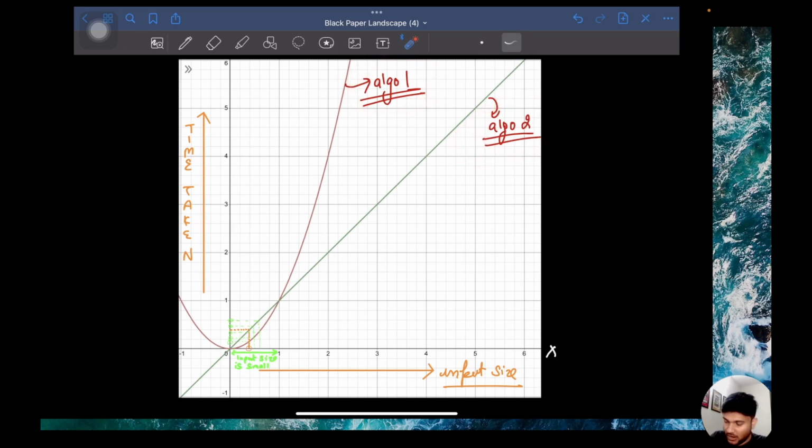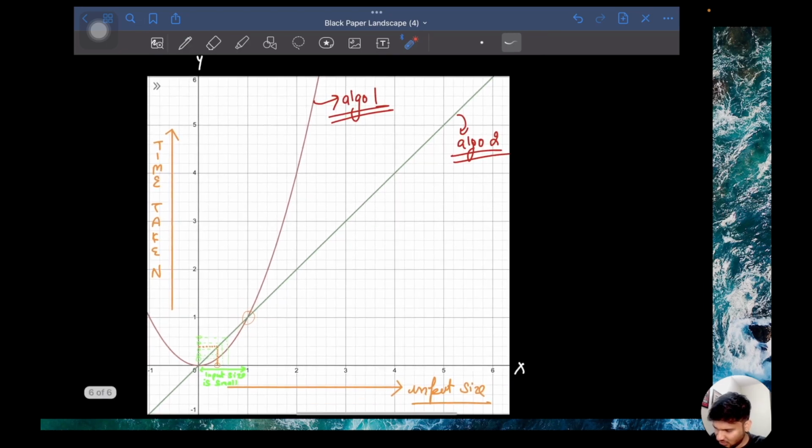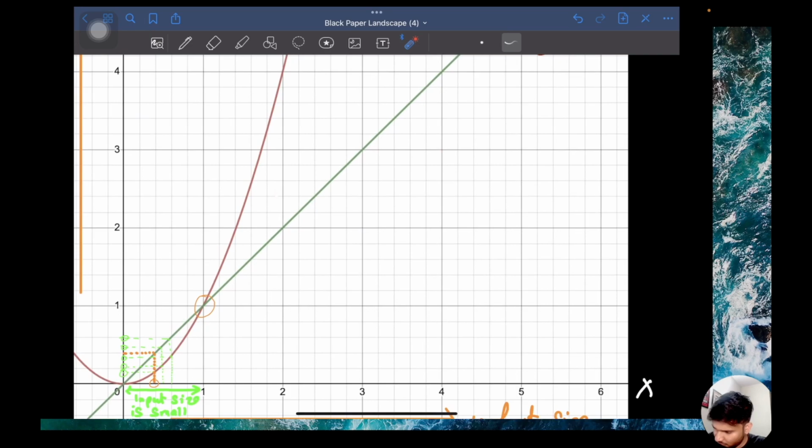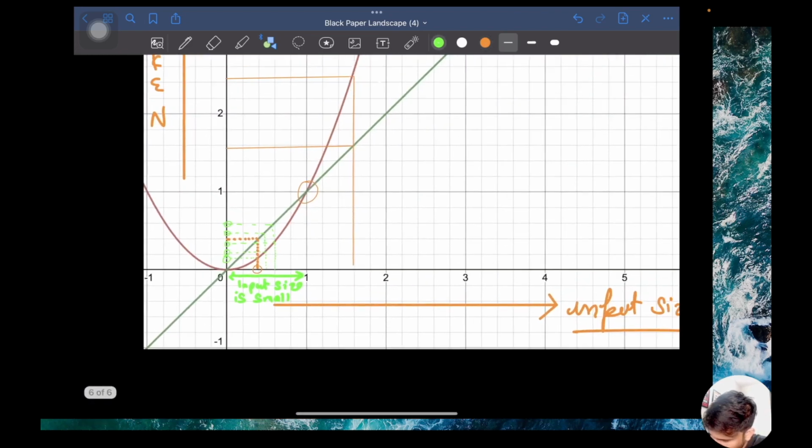See, but this is the turning point. Because if you see this, now for the same input, if now you compare algorithm 1 and algorithm 2, right?